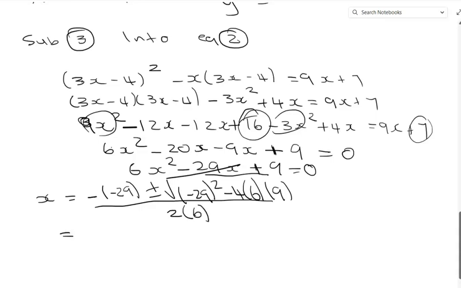Then we're going to have to calculate that.